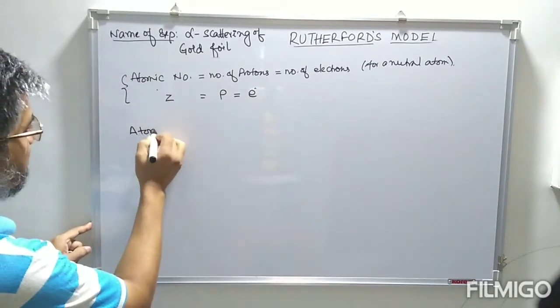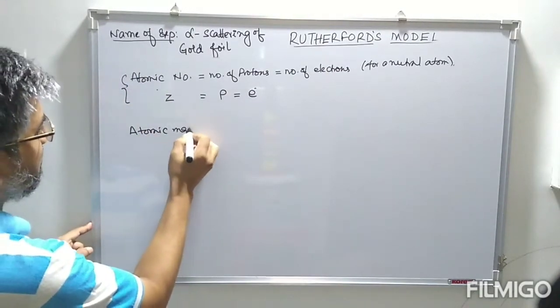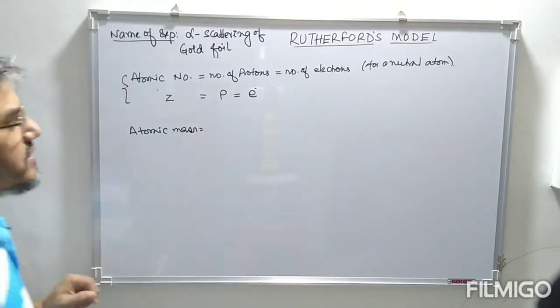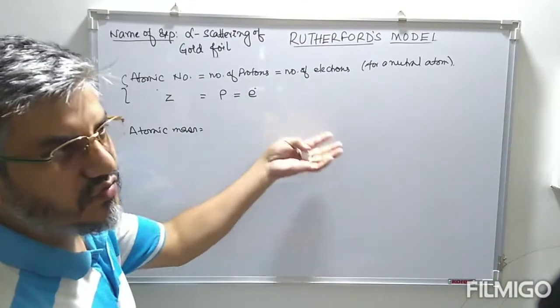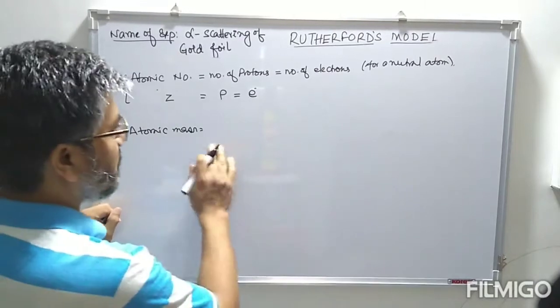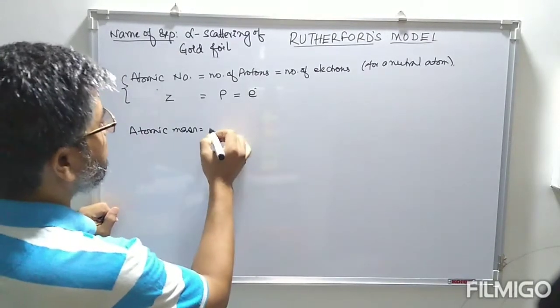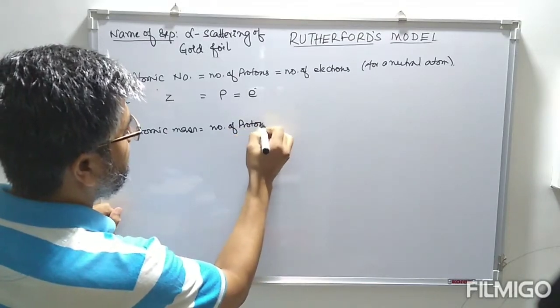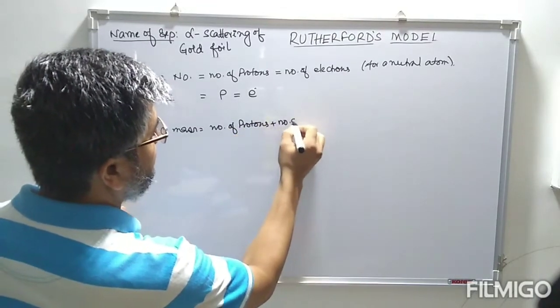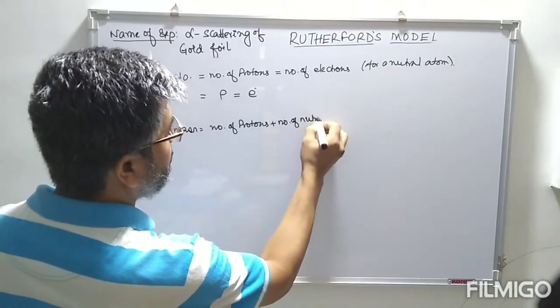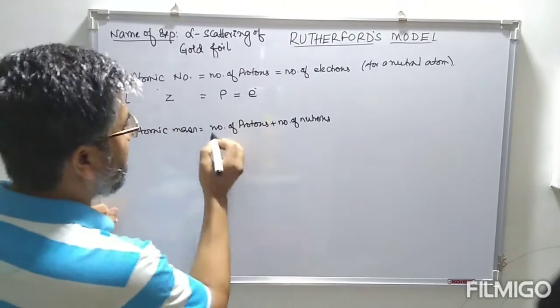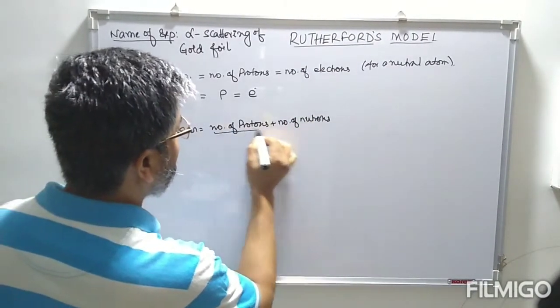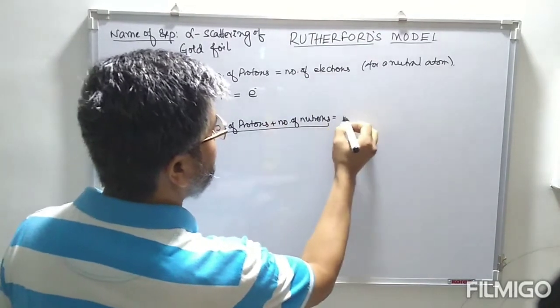and the atomic mass is the sum total of protons and neutrons present inside the nucleus, also known as nucleons. Number of protons plus number of neutrons present inside the nucleus.